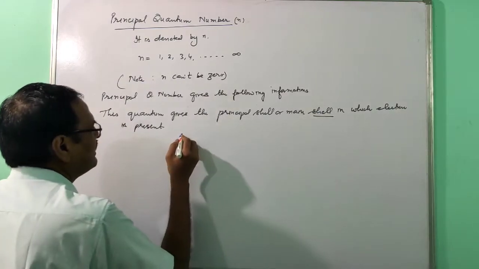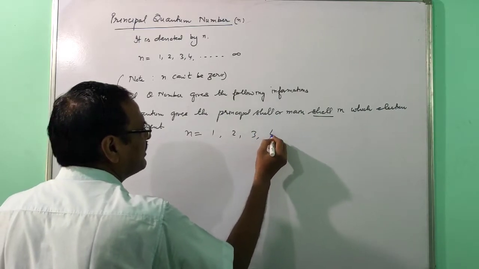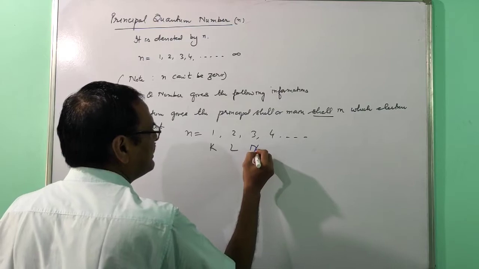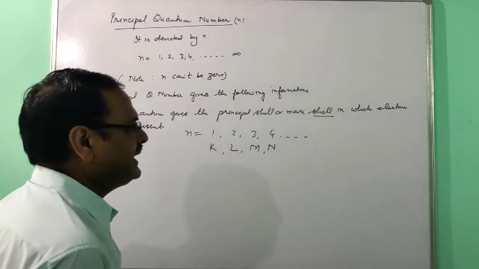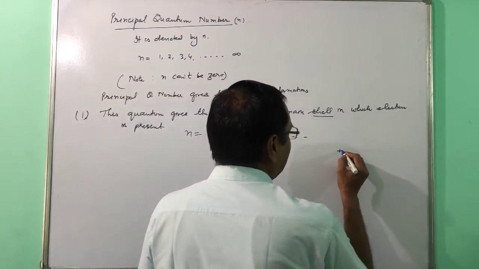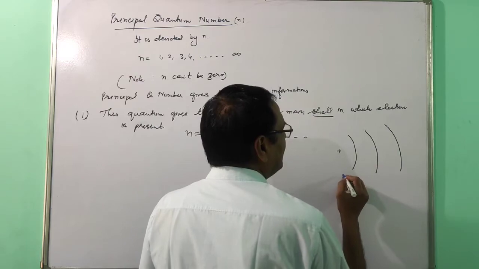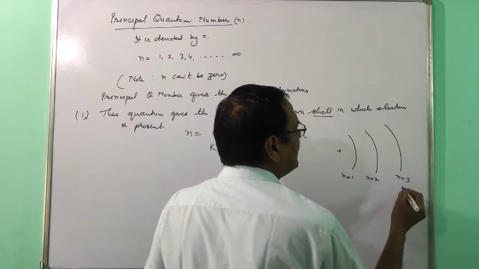For example, n is equal to 1, 2, 3, 4, like that. So this is K, L, M, N. If you take any atom, there is a nucleus and different shells. Here n is equal to 1, n is equal to 2, n is equal to 3.